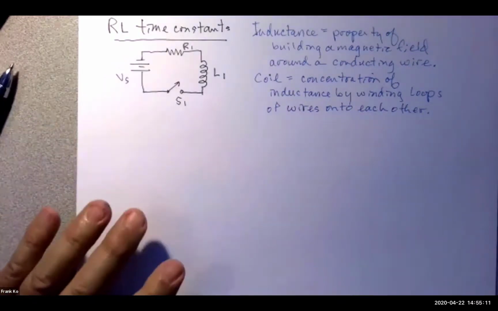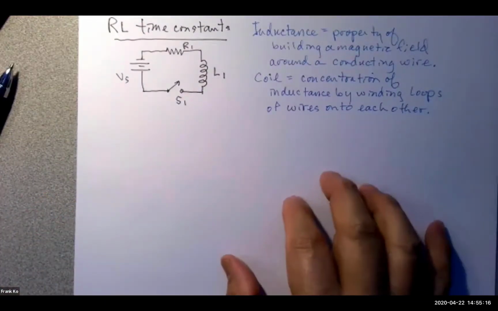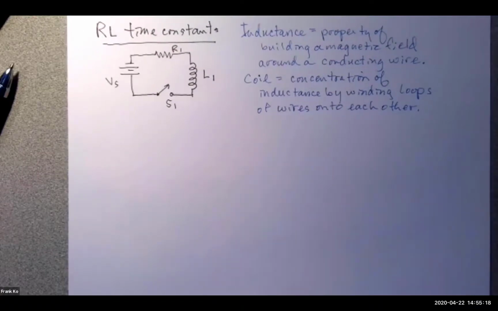So the coil allows us to concentrate the inductance simply by winding the loops of wires onto each other.